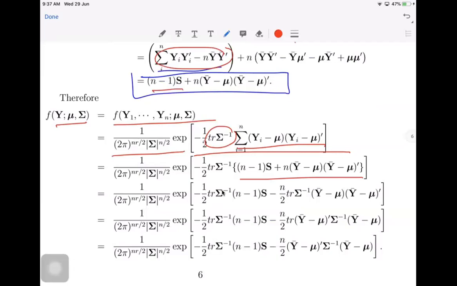And then you distribute the trace. Okay, the trace there is placed because this is in the multivariate case, no? And then put inside the 1/2. So you have two components. Then you put inside now sigma.